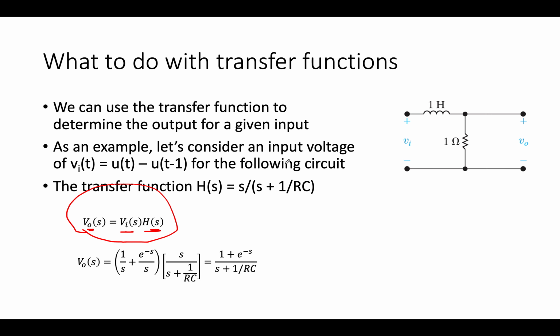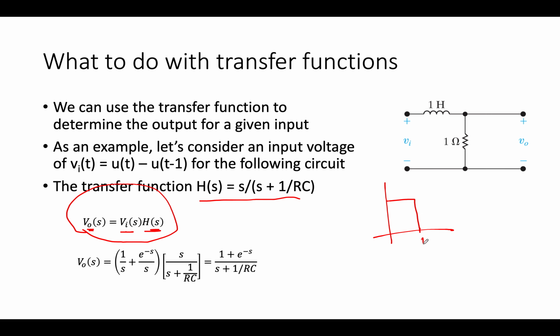So as an example, if we consider our RC circuit with the output taken across the resistor, this was our transfer function. And now let's say that in that transfer function, we input a pulse.